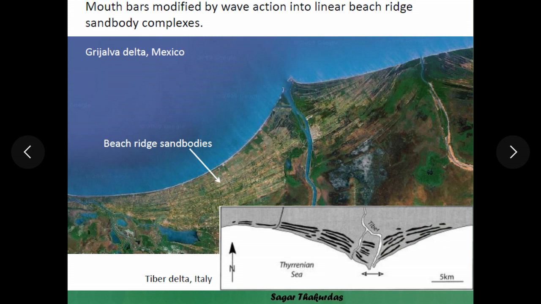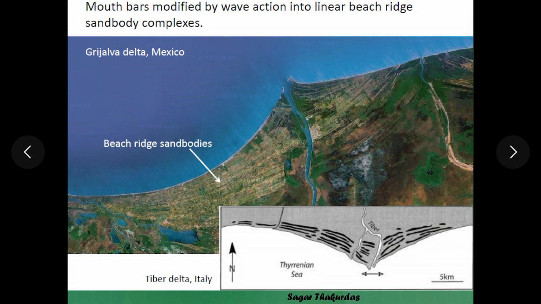So the first type of system that we have seen is fluvial system, and it is a type of dip fed system where the sediments are transported from the mountains perpendicular to the coastline, and in sync with that, delta is also a part of dip fed system where the sediments are further transported perpendicular to the coastline.